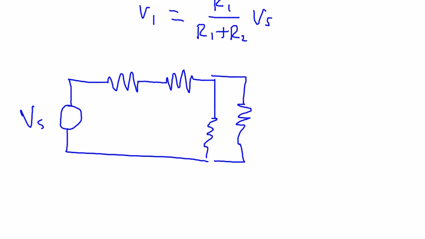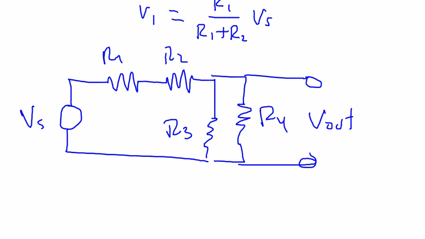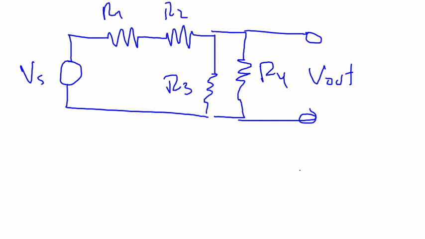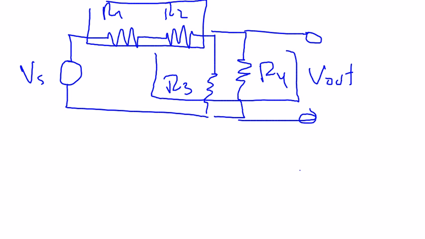Let's call this R1, R2, R3, and R4. And let's say we want to know this voltage V out. Well, we can combine the top two resistances to be an equivalent resistance, and the bottom two resistances to be an equivalent resistance. And now we really only have two resistors, so it looks a lot like a voltage divider.